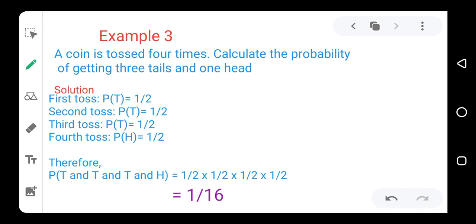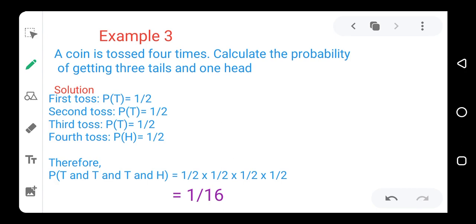Calculate the probability of getting 3 tails and 1 head. The probability of getting any event when you toss a single coin many times is not affected by the previous result. That means that it is an independent event.